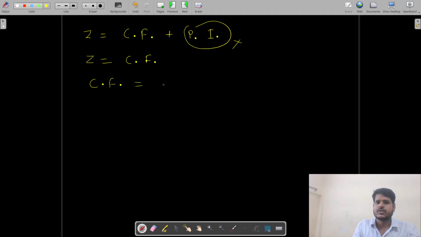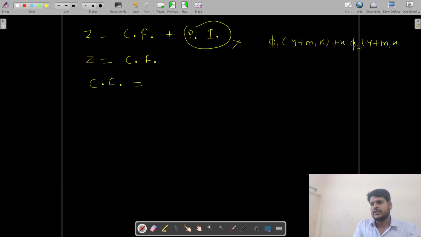How do we write the complementary function? It will depend on the types of roots, whether the roots are distinct or repeated. Here we have two roots, minus 1 and minus 1, so this is the case of repeated roots. Suppose the root m1 is repeated, then you have to write phi 1 of y plus m1 x plus x times phi 2 of y plus m1 x.